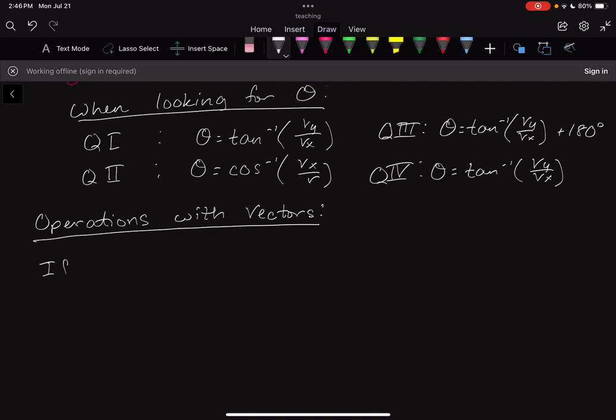If we have a vector A, and I'm going to call that AX comma AY, just because it has an X and it has a Y. And let's say we have a B vector, and let's call that one BX comma BY.